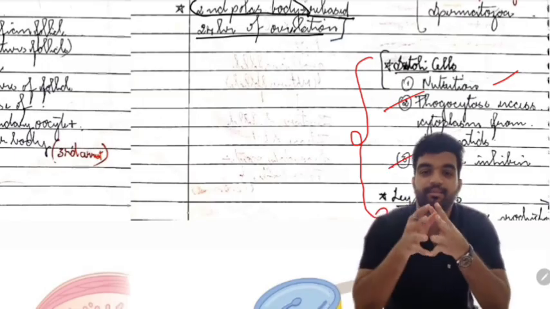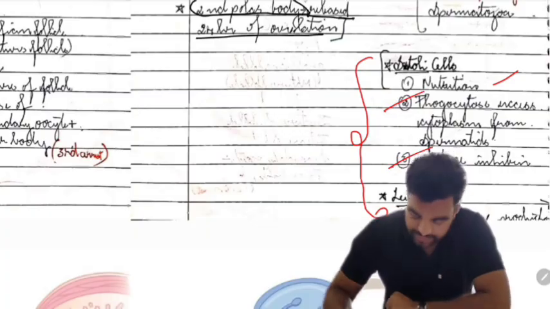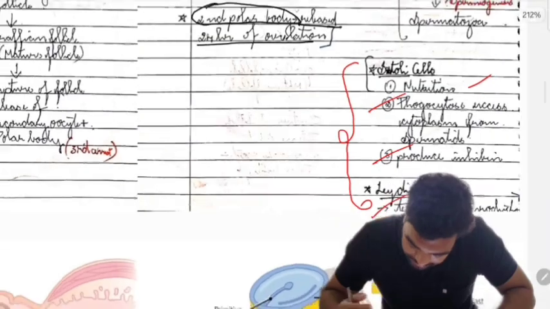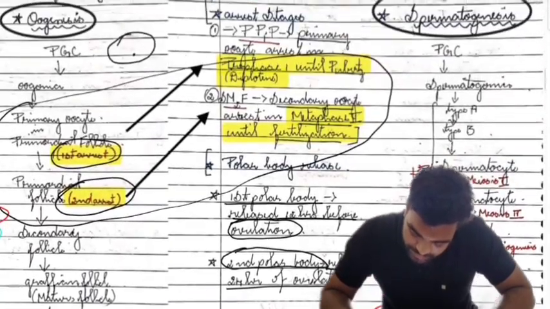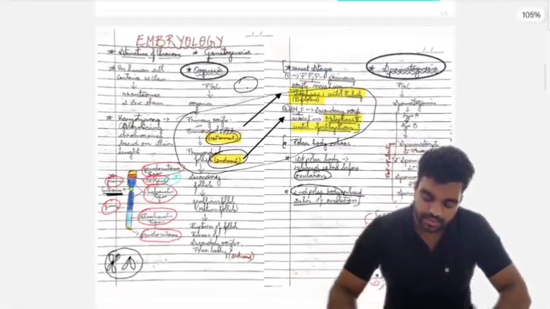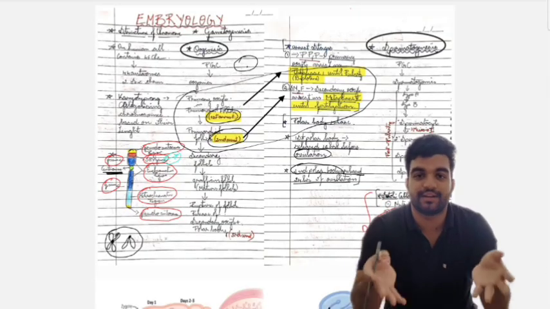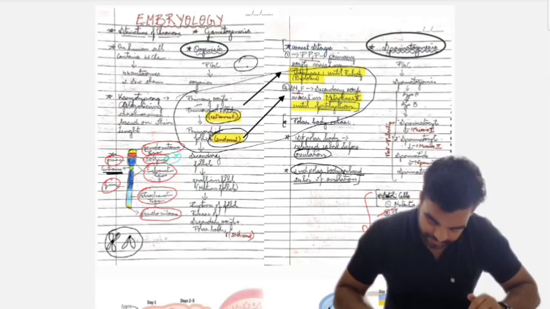This is the important function of Sertoli cells, and the important function of Leydig cells is testosterone formation. That is all you will have to remember about the pre-embryology or gametogenesis of embryology.